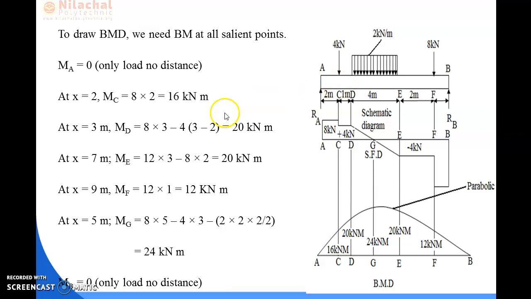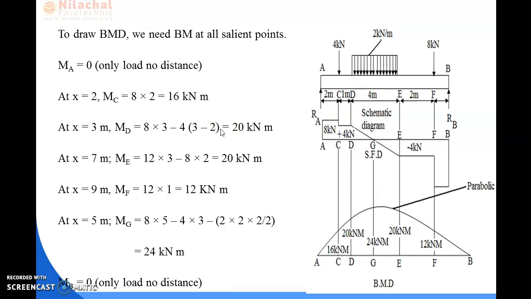Hence, the bending moment at point D will be 8 into 3 minus 4 into 1. The sign of this portion is negative because this 4 kilonewton gives a hogging moment towards point D. So 8 into 3 minus 4 into 1 equals 20 kilonewton meter.